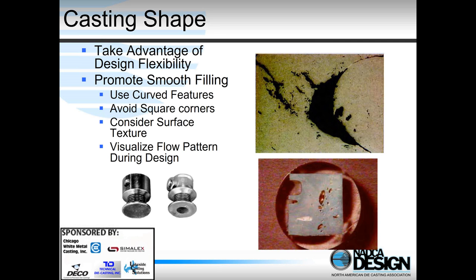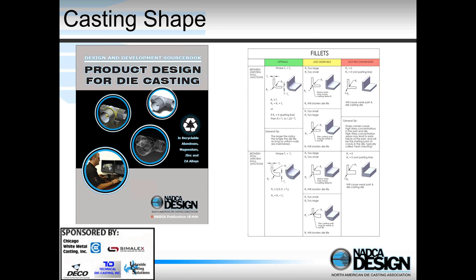So again, during design, try to visualize the flow, visualize how it's going to solidify, or more importantly, go talk to the die caster and have some input into the design. Now, there's plenty of information out there. NADCA puts out a product design for die casting book, and this provides great examples of things you should do and things you shouldn't do.